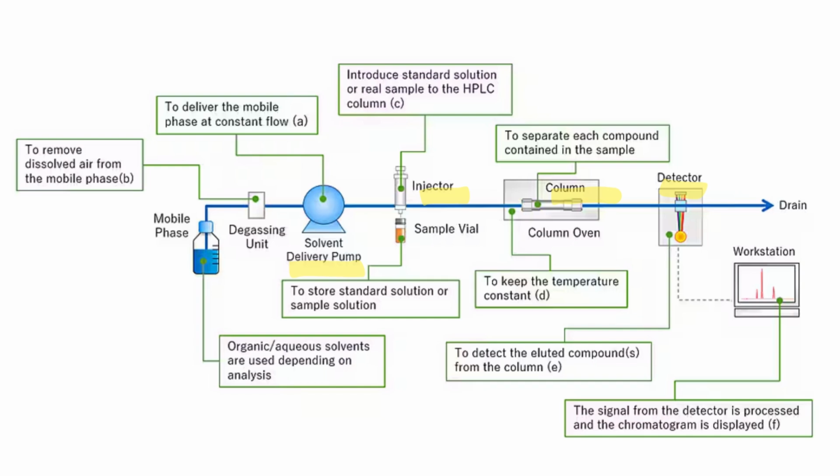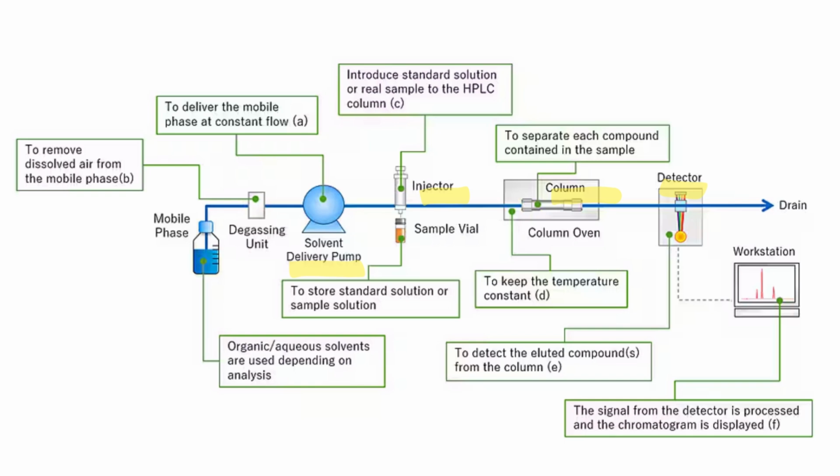So here, guys, the components of our HPLC in detail. We have the solvent delivery pump. The pumps in HPLC are responsible for delivering the mobile phase at high pressure. Take note, at high pressure through the system and the column, so that our sample can reach our column.